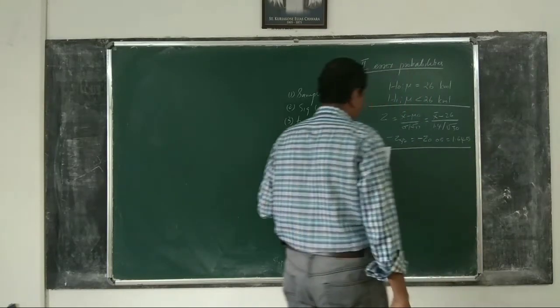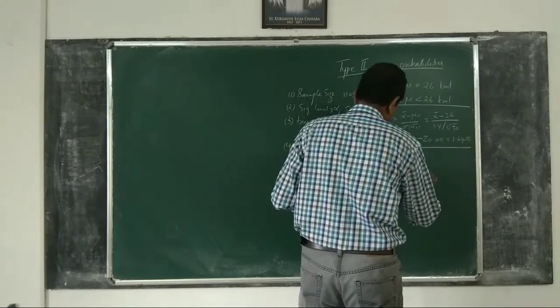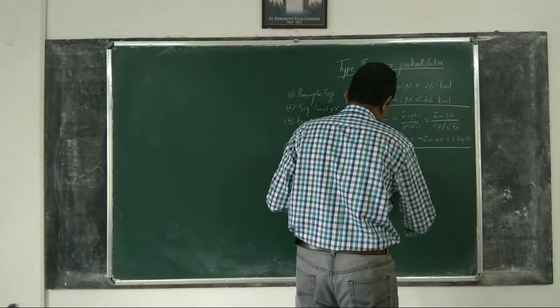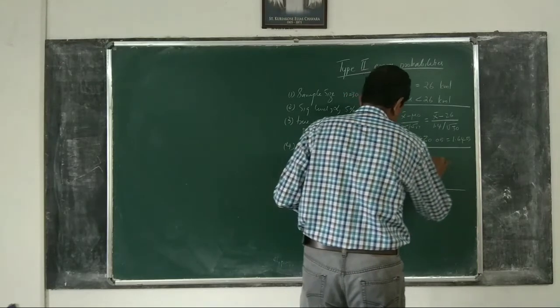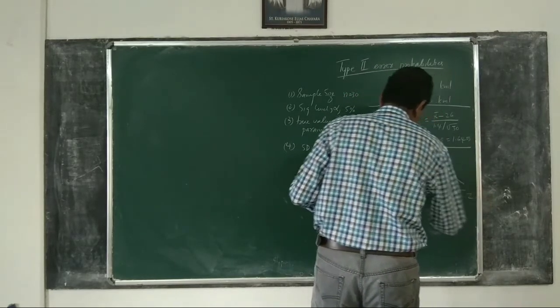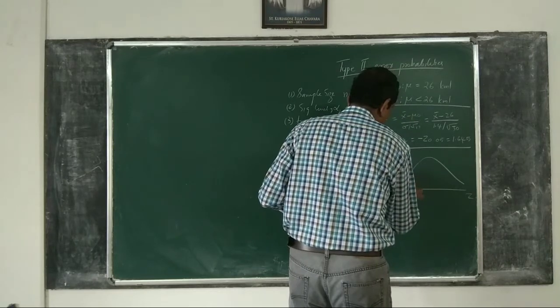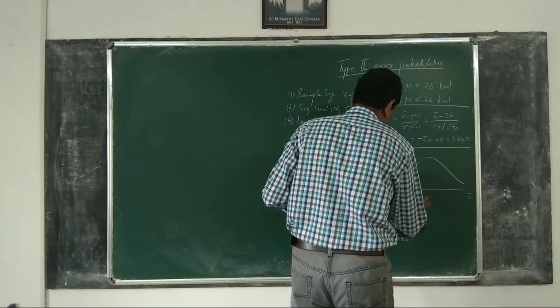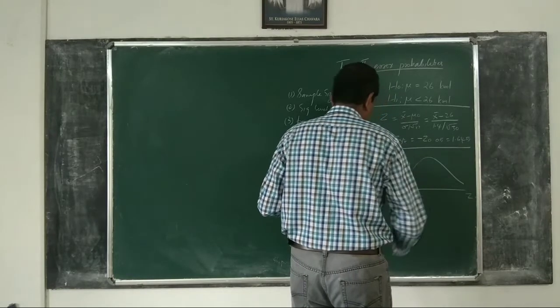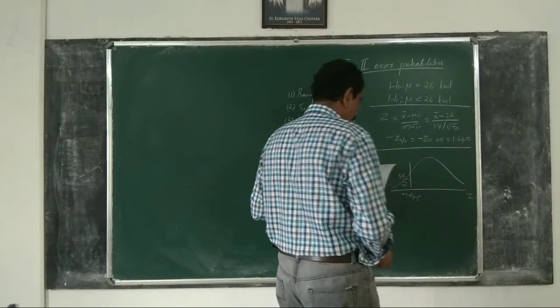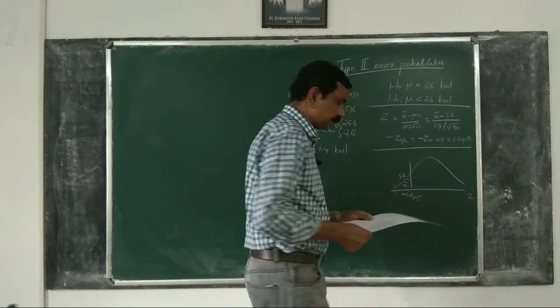And the rejection region is, as we know, below minus 1.645. This is 5%.